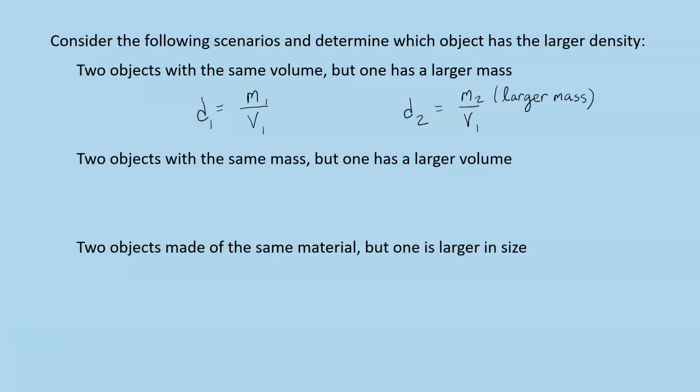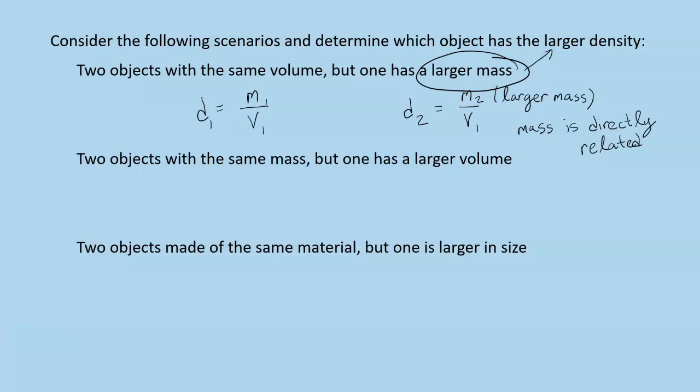So mass is directly related, which means that if the mass goes up, so will the density. And therefore, the one that has the larger mass is going to have the larger density.